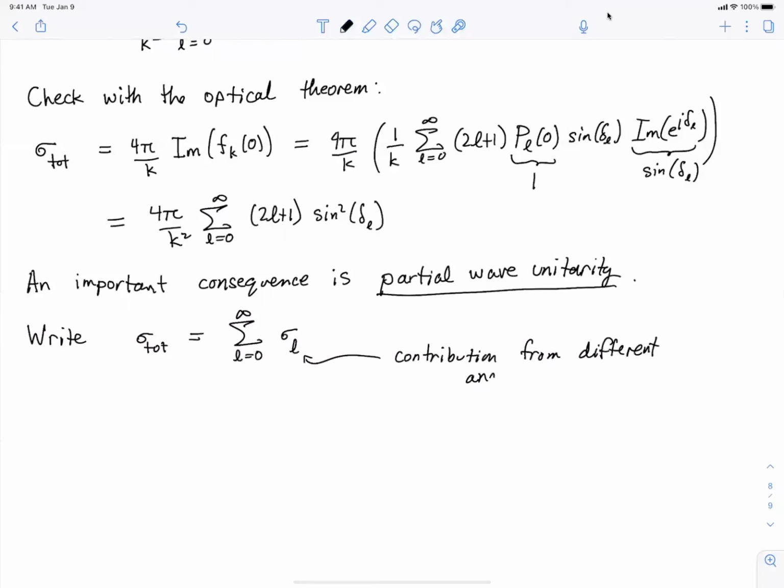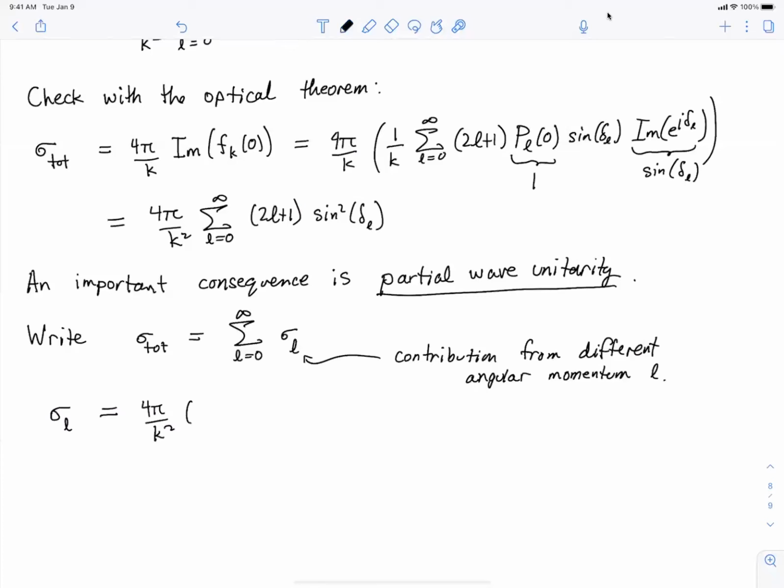And there's a limit to how big they can be. Even if we don't know anything else about the potential, we know there's a limit on how large these things can be. The limit comes from the fact that no matter what delta L is, we're taking the sine of it, and that can be only as big as 1 when we square it.